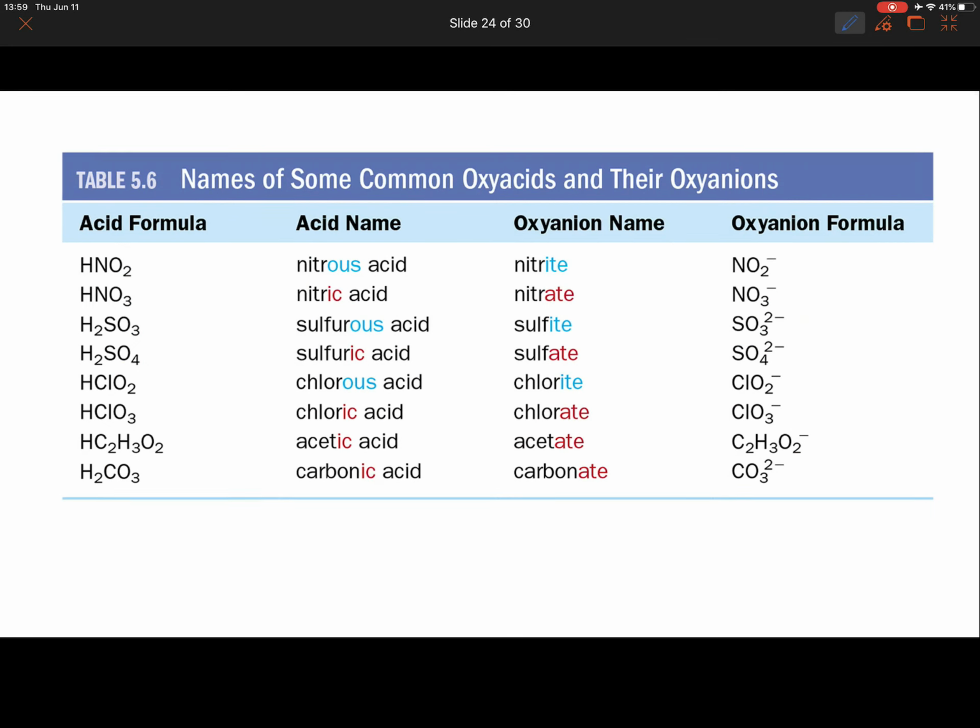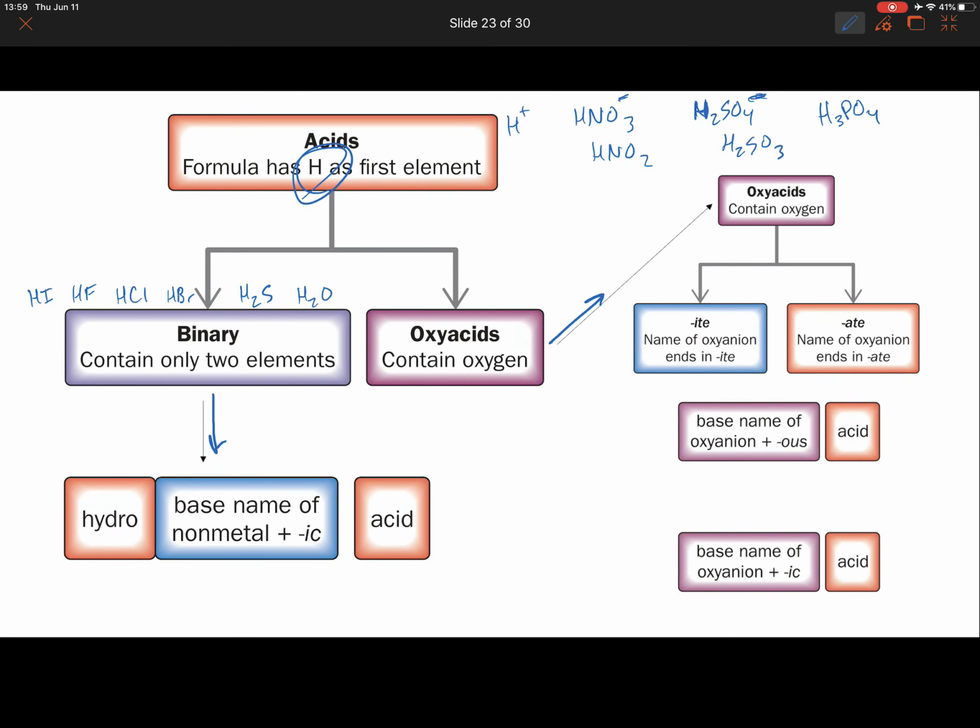So for our binary acids, the naming is actually pretty easy. With binary acids, we just say the word hydro, then we change the name of the nonmetal to have ic. So we'll name the first 3. Hydroiodine becomes iodic, and we say acid.